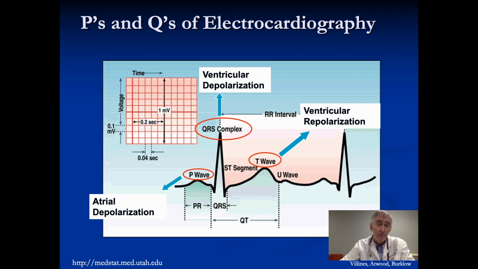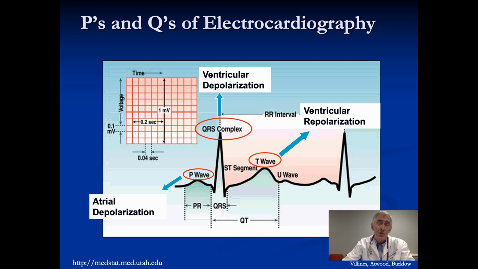Now, the QT interval begins with the onset of the QRS, and it goes all the way to the end of the T wave, not to the U wave, which is the M fibers repolarizing, but this T wave ends here, and we have the QT interval from the onset of the QRS to the end of the T wave.